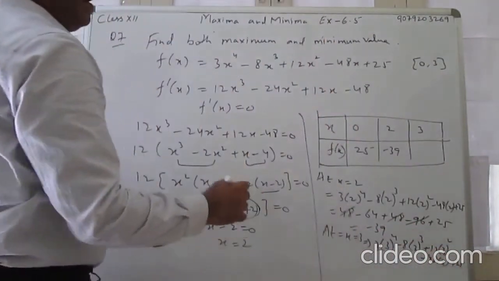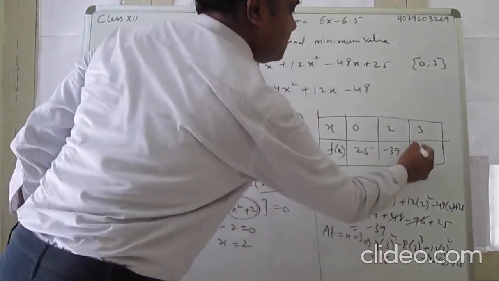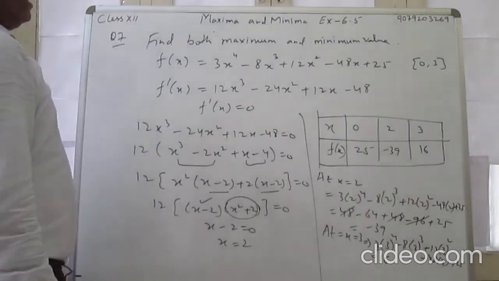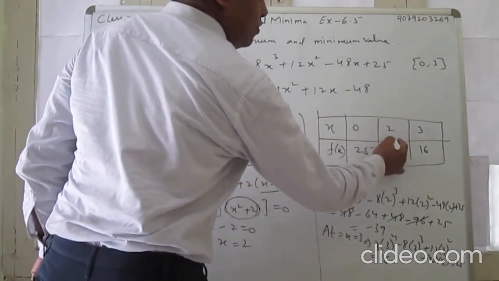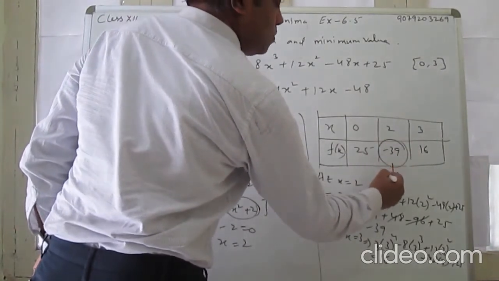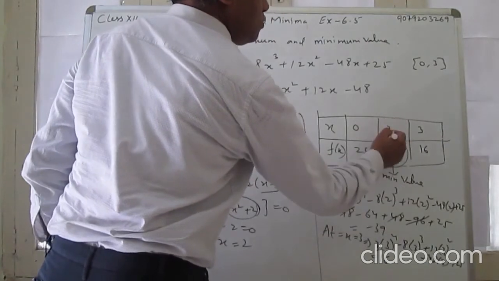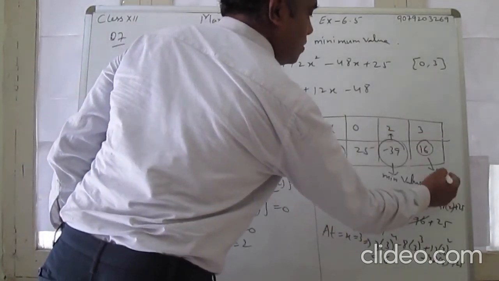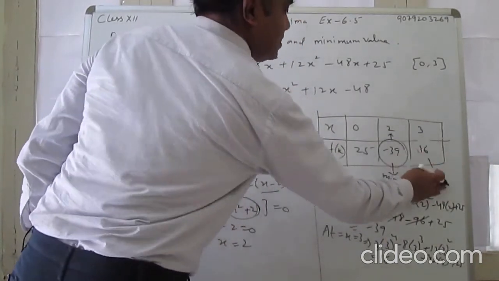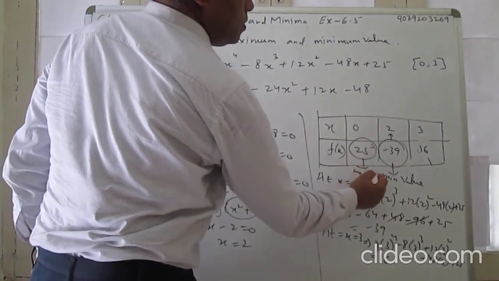If you solve it you will get 16. So the minimum value is minus 39, at x is equal to 2. And the maximum value is 25, at x is equal to 0.